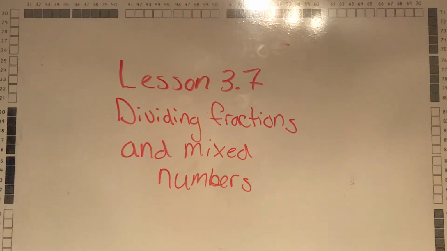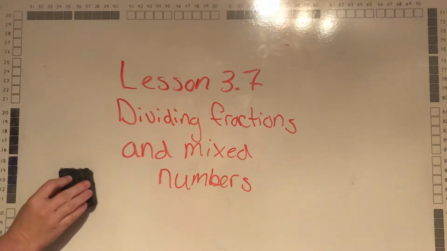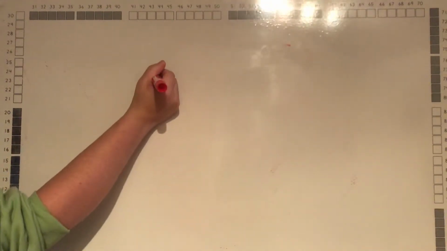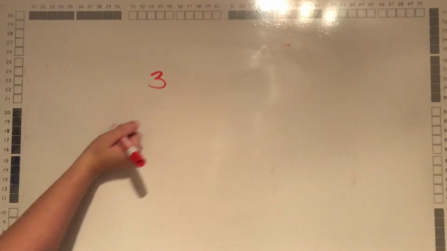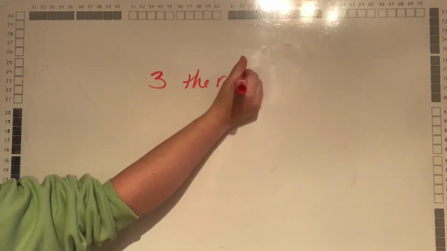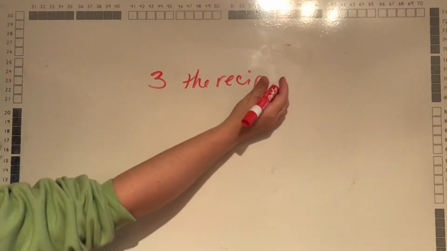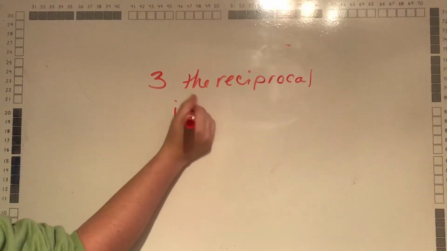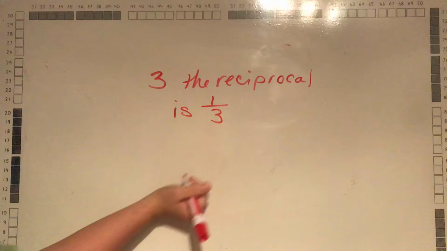When we are dividing fractions, we actually are going to use something called the reciprocal, or multiplicative inverse. Okay, so the reciprocal is this. If you have the number 3, the reciprocal is 1 over 3.